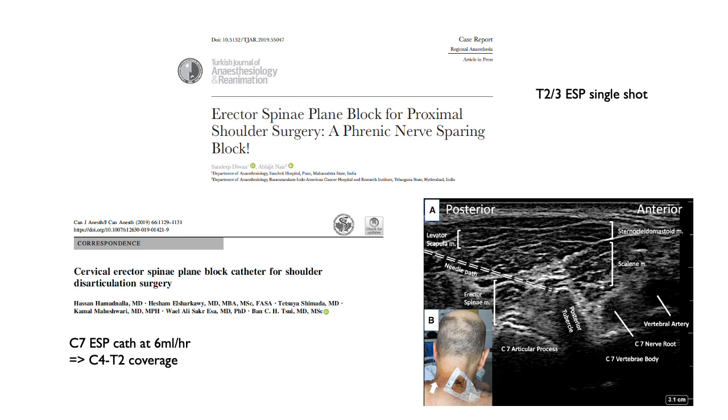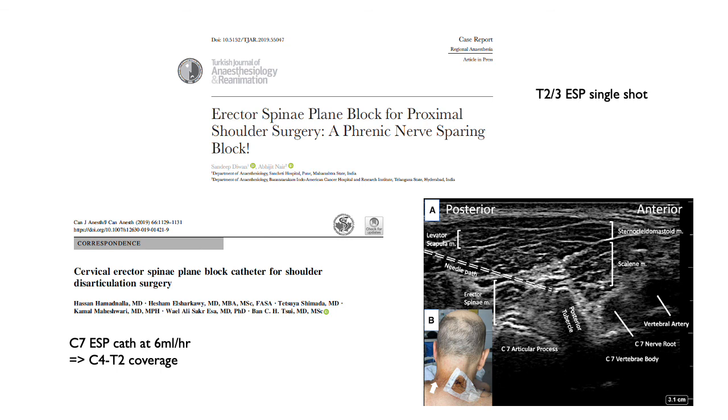And then they put in the catheter, local anesthetic there, and then C7 nerve root, vertebral artery. Personally, I haven't tried any ESP block in shoulder surgery, because I believe direct nerve block to the superior trunk or peripheral nerve seems to be more reliable.